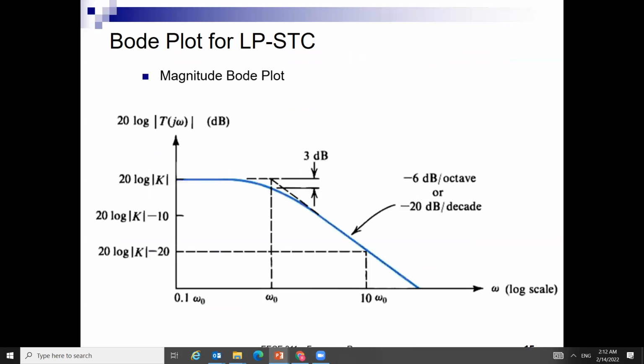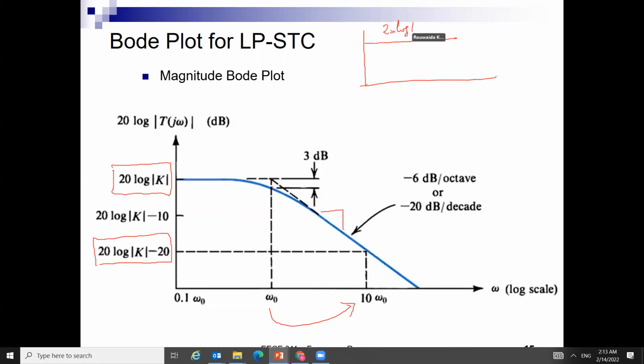If we look at the Bode plot for this circuit, we said that we will start at 20 log K, and then at omega 0 we will have the 3 dB point, and that we will have a slope such that at 10 omega 0 we will have around 20 log K minus 20 dB. That is, if I know that in the beginning the low frequency gain is 20 log K in dB, and we start to drop at omega 0, then at 10 omega 0 we are going to be at 20 log K minus 20, because we drop at a rate of minus 20 dB per decade.